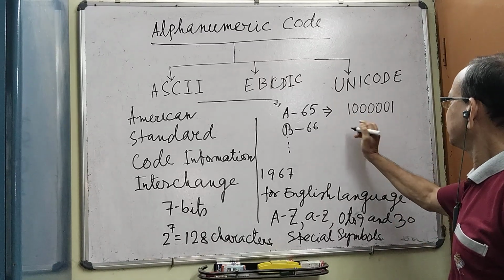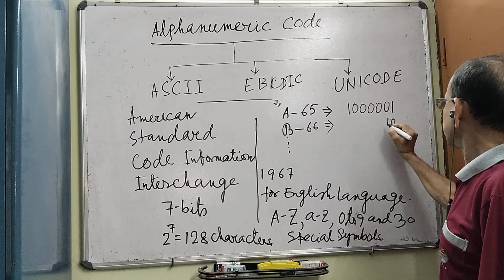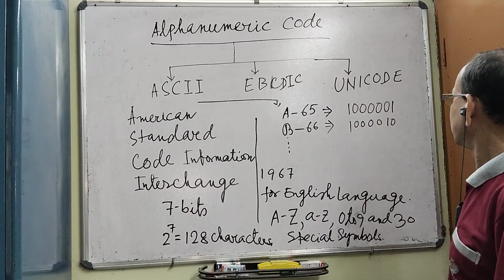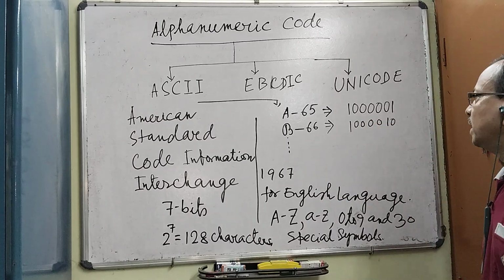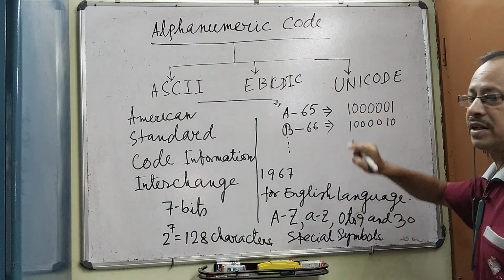In this way, capital B will be 1 0. Check the 7 bits.